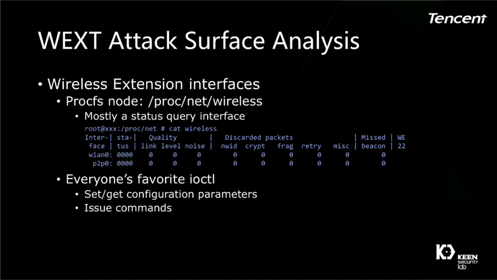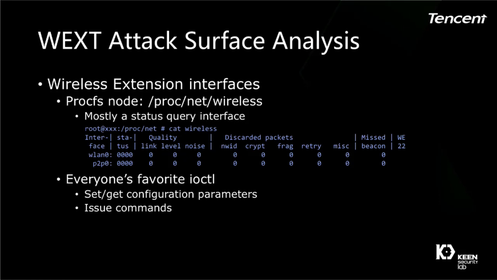The other one is almost everyone's favorite, especially for Linux kernel and security researchers, which is the I/O control interface. The I/O control interface provides a group of commands and different functionalities, which allow you to set or query parameters for that device. You may also issue commands for the device, for example, enable certain wireless features or turn them off.